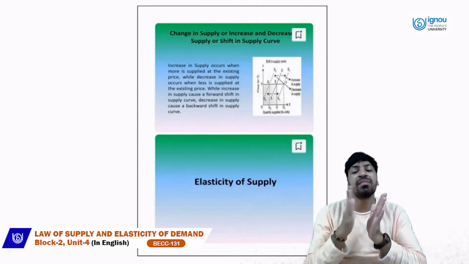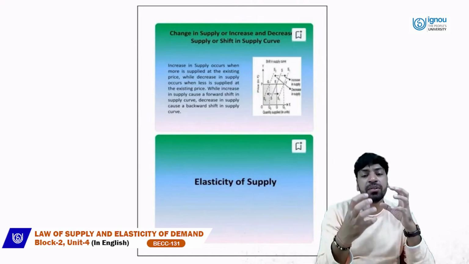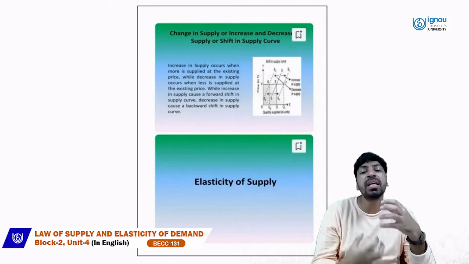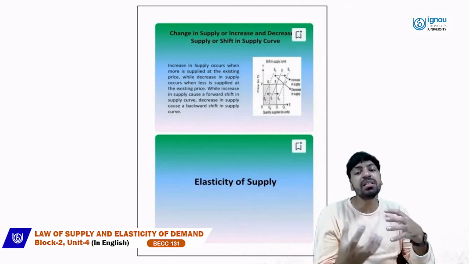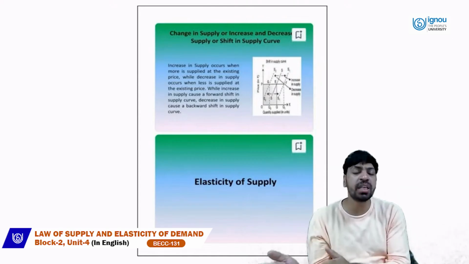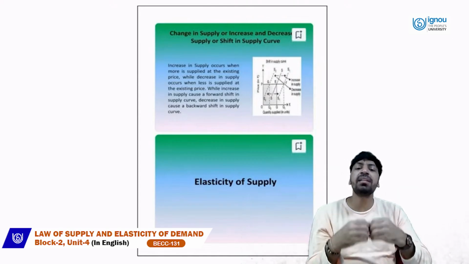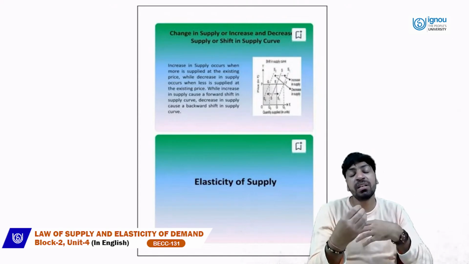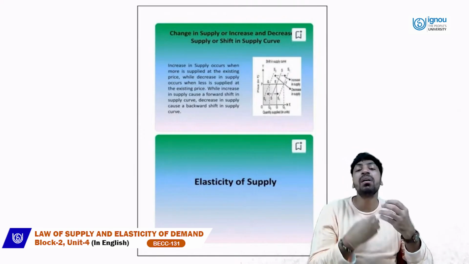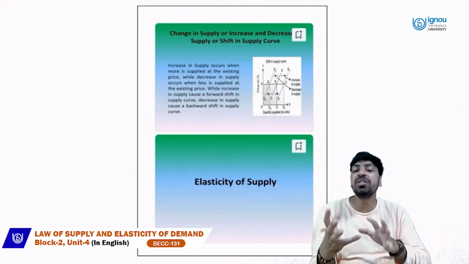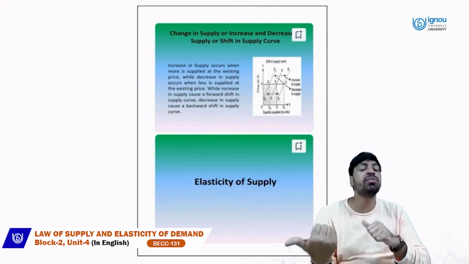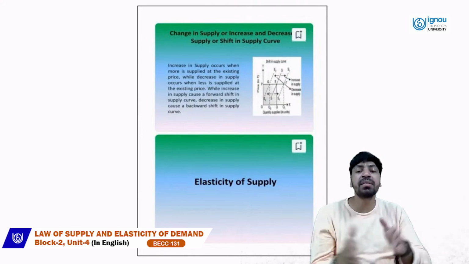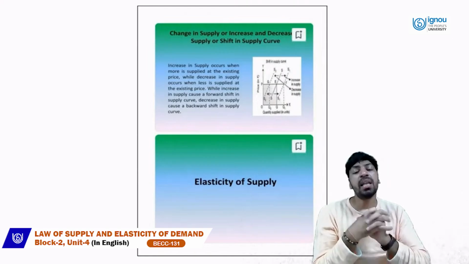That means it refers to the rate of responsiveness, that is, how much the supply changes due to the changes in the price. And there is a tool which a seller or a researcher can use to measure the response of quantity supplied due to the change in prices. That tool is called elasticity.